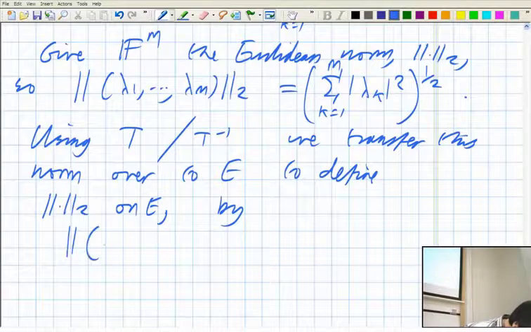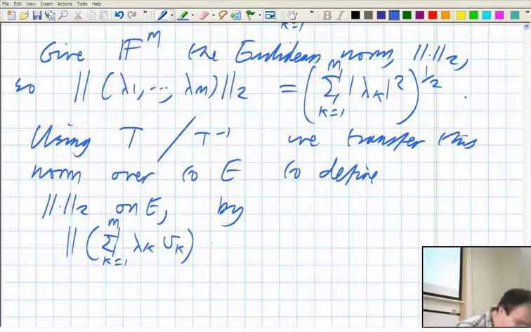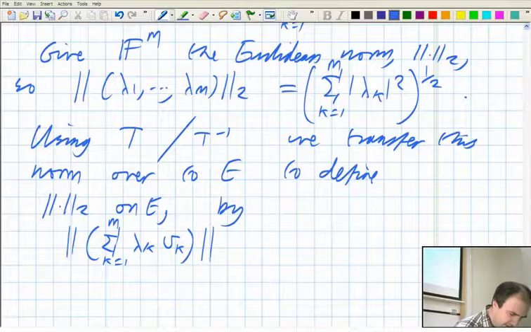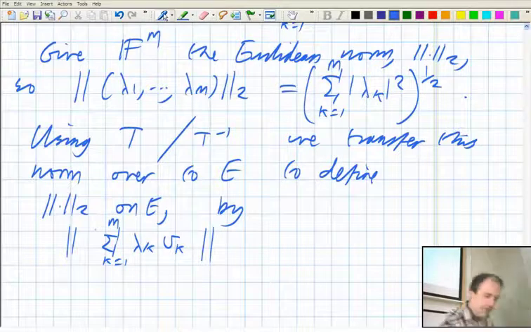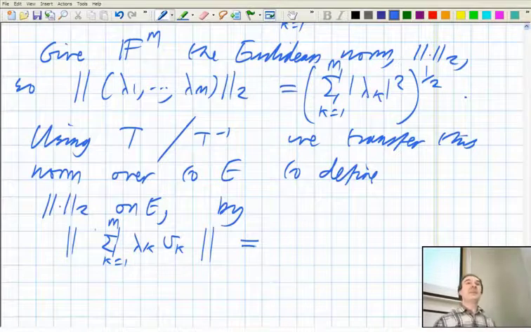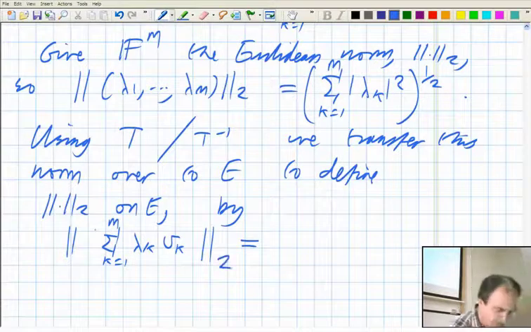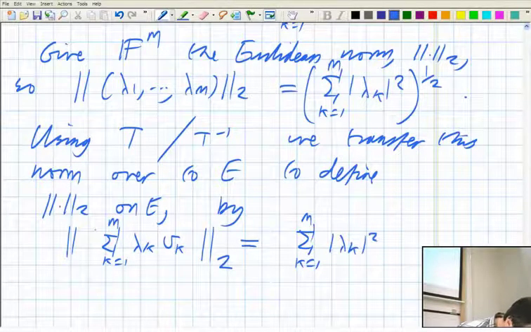And so, of course, the norm of the sum from k equals 1 to m of lambda k vk, the norm of a particular combination like that, we know every element of E is uniquely written in that form, so it makes sense to define this, and I'm calling it the 2 norm, as the sum from k equals 1 to m of mod lambda k squared, to the half.